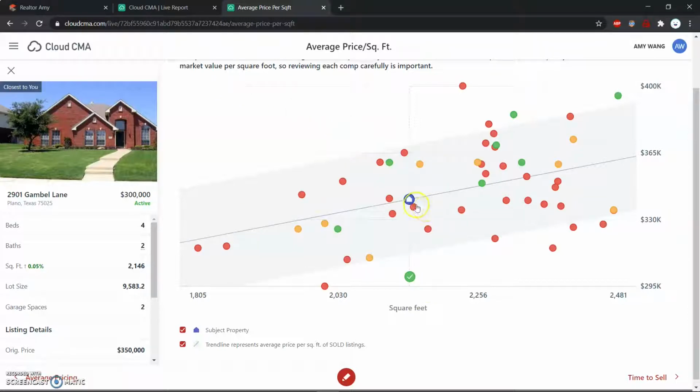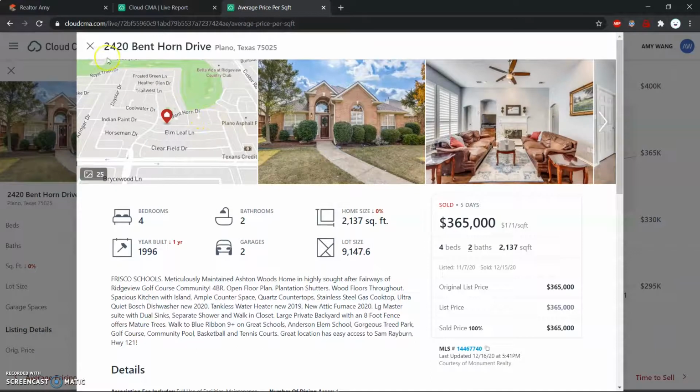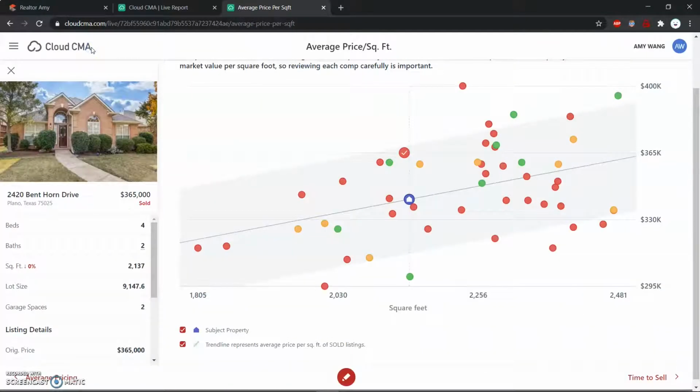If you want to buy a house and the market is hot, maybe you have to increase your offering price a little bit. You can see this one is better, so maybe you can offer a higher price. Or if you want to sell a house, you can list a higher price because your house is better than the reference.